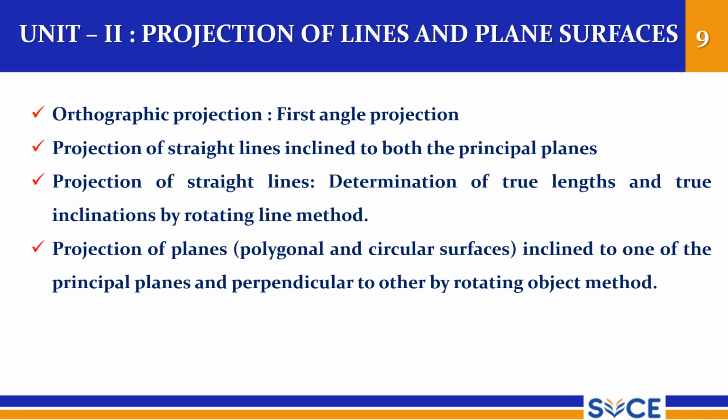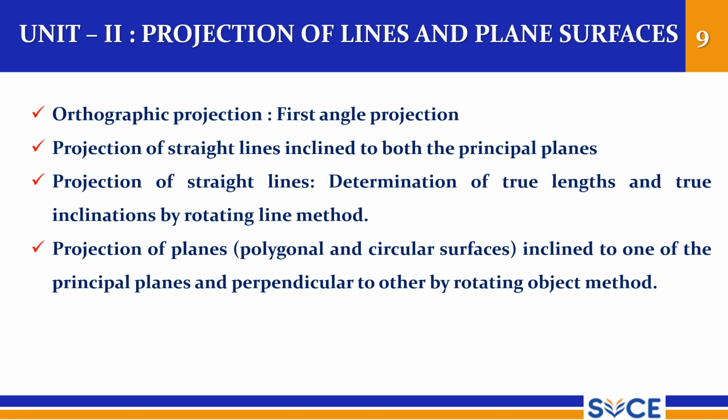Projections of planes, where plane surfaces are polygonal and circular surfaces, we are going to discuss in the next session. Inclined to one of the principal planes and perpendicular to the other, by the rotating object method. So in the earlier case we are about to see the rotating line method, whereas here it is the rotating object method.